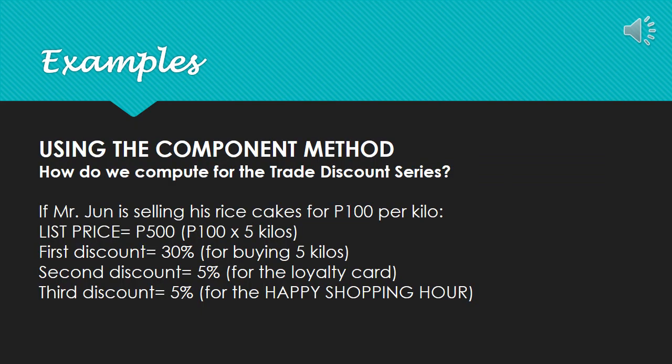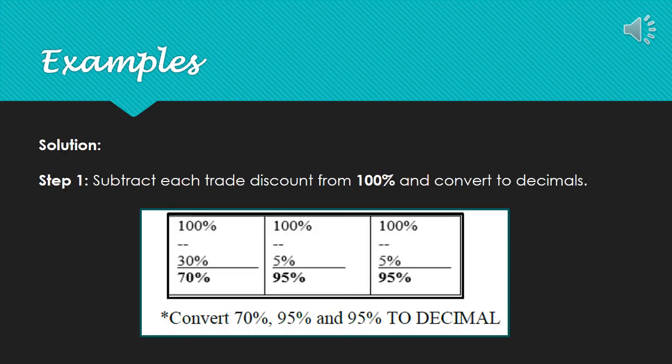So, next method, we have the component method. So, ito ulit siya yung first discount natin, 30%, second discount, 5%, third discount, 5% again. So, for the first step, subtract each trade discount from 100% and convert to decimals. So, our first discount is 30%.